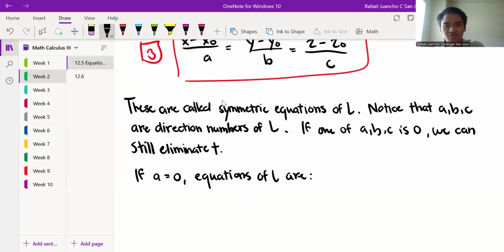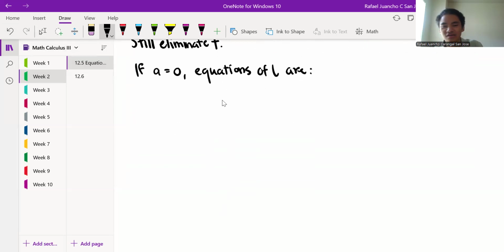So since A is 0, we can't really write x minus x naught divided by 0 because that's going to be undefined. So what we're going to do is x is x naught. That's it. X is going to stay the initial point. And y minus y naught divided by b is equal to z minus z naught divided by c.